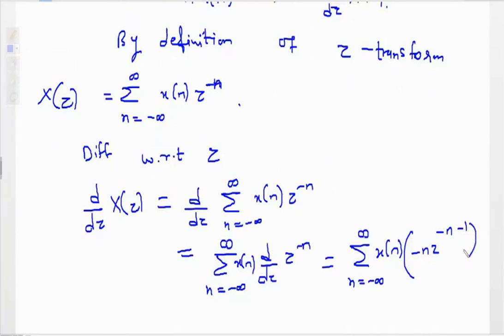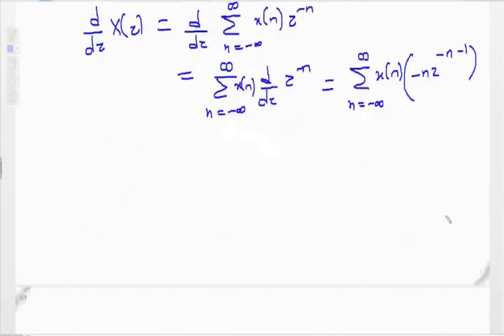That is the derivative. Okay. So now just a small adjustment. Summation n equal to minus infinity to infinity minus n x of n into z raised to minus n minus 1.